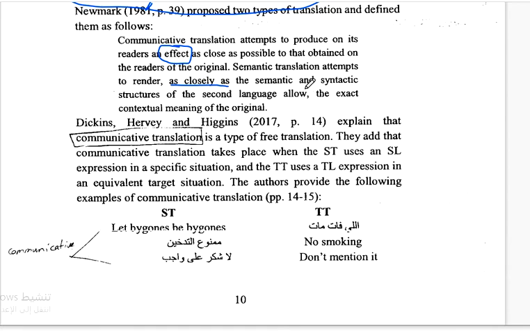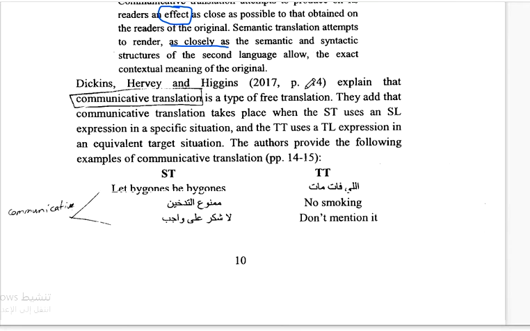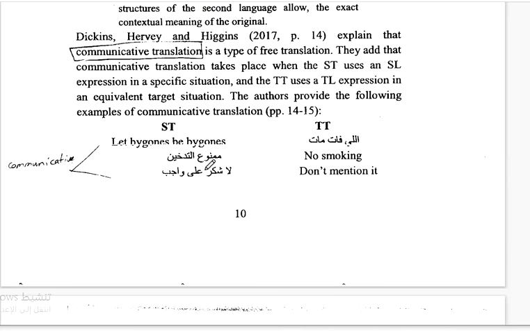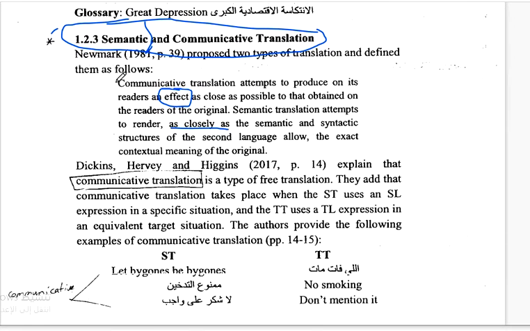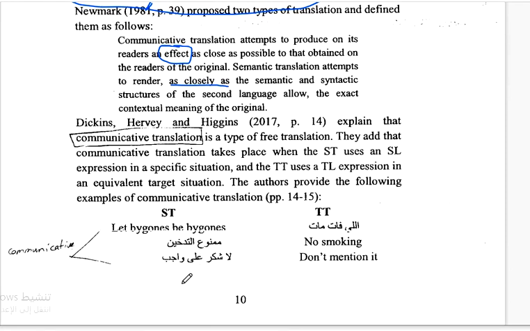And regarding communicative translation, we mentioned some examples. For example, when I say لا شكر على واجب, if I want to use semantic translation, I may say no thank for duty, no thank for duty.